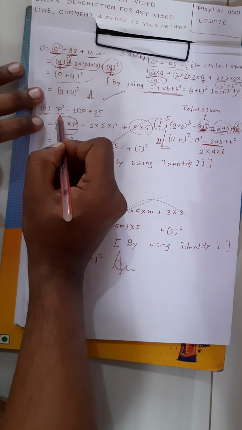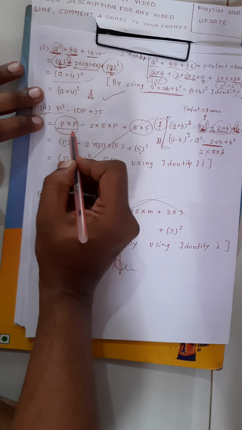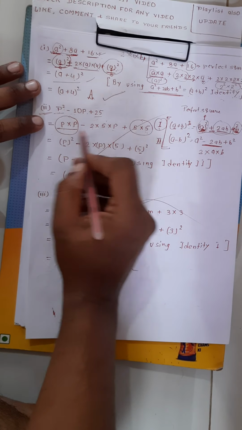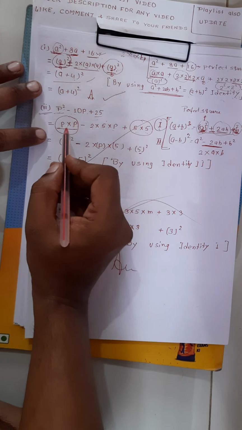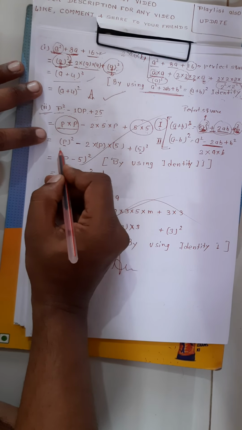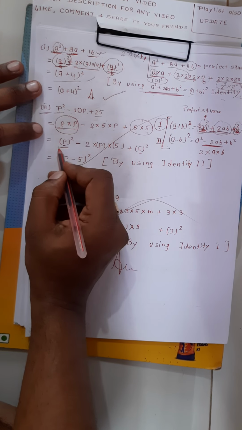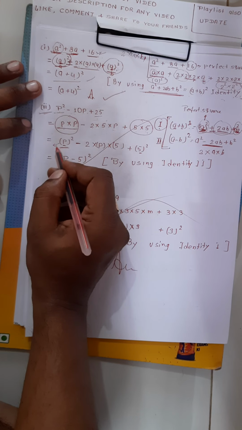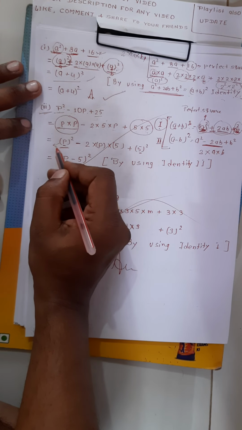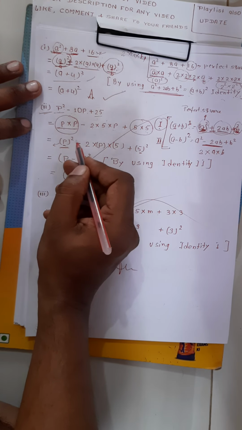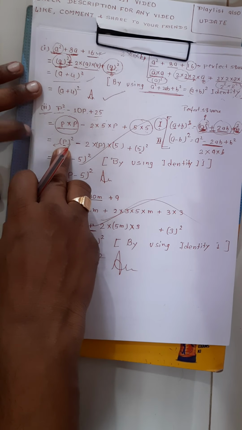So the value of p square will be p into p, which we have already written. Now p square means whole square of p, so we have found the first perfect square, because it is the square of p.